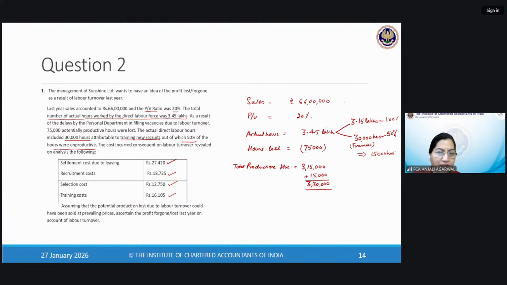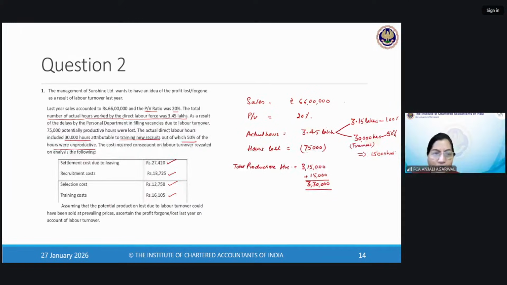Now, assuming that the potential production loss due to labor turnover could not have been sold at prevailing prices, you have to ascertain the profit foregone and lost last year on account of labor turnover.